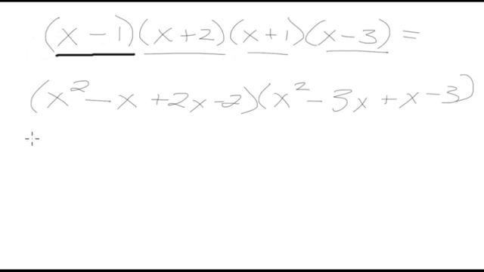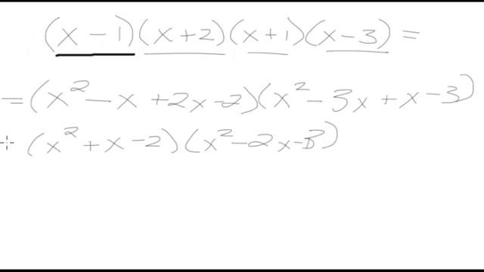I'm going to combine like terms, so I get x squared plus x minus 2 times x squared minus 2x minus 3. I'm going to go ahead and now distribute across the remaining factors. I get x to the fourth minus, distributing here the first term, x squared, minus 2x cubed minus 3x squared.